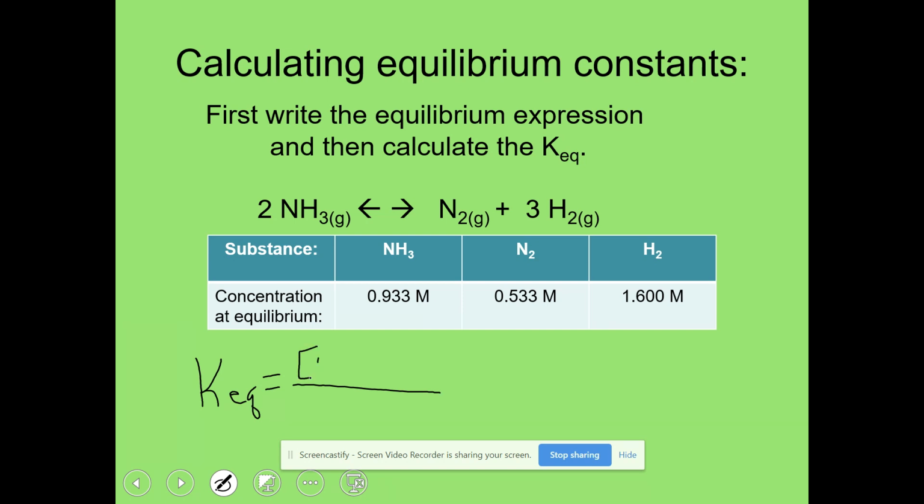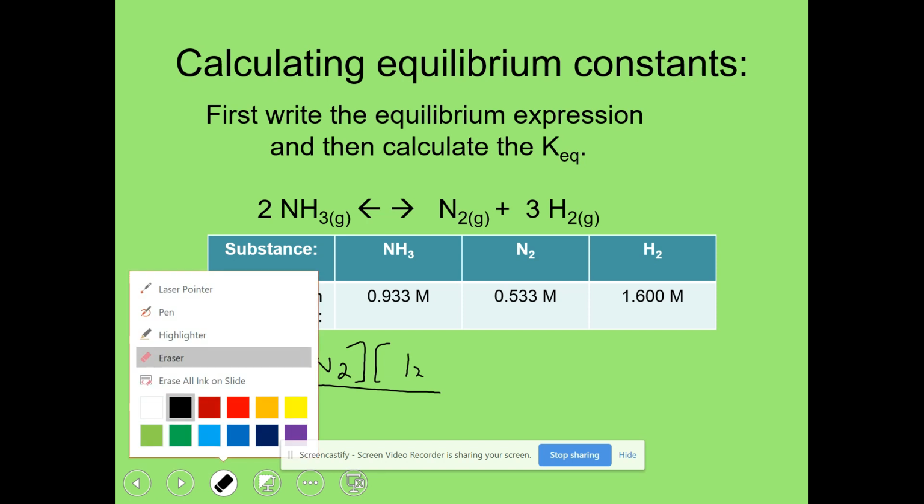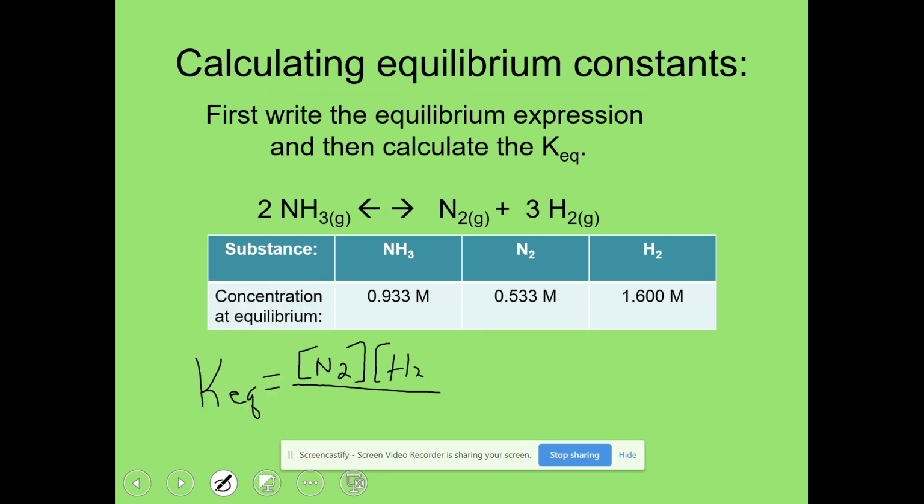This is going to depend on the nitrogen times the hydrogen cubed, and on the bottom, we're going to have the ammonia, squared. Everything's included because this is a homogeneous equilibrium. They are all gases, so everything's included.